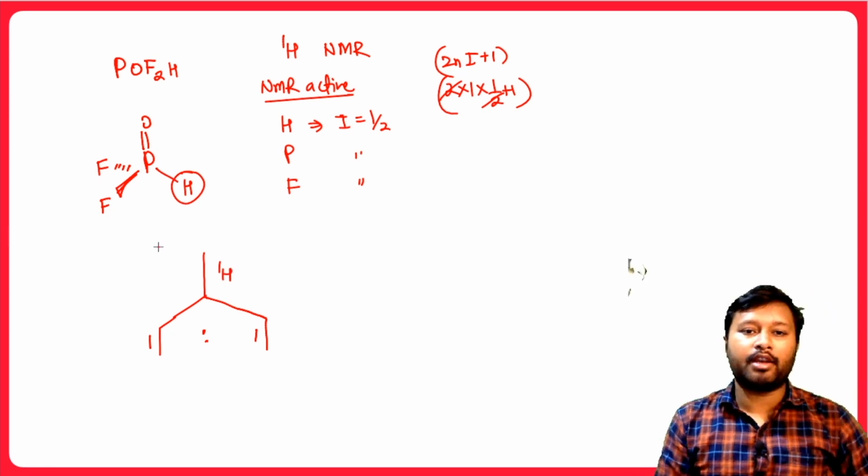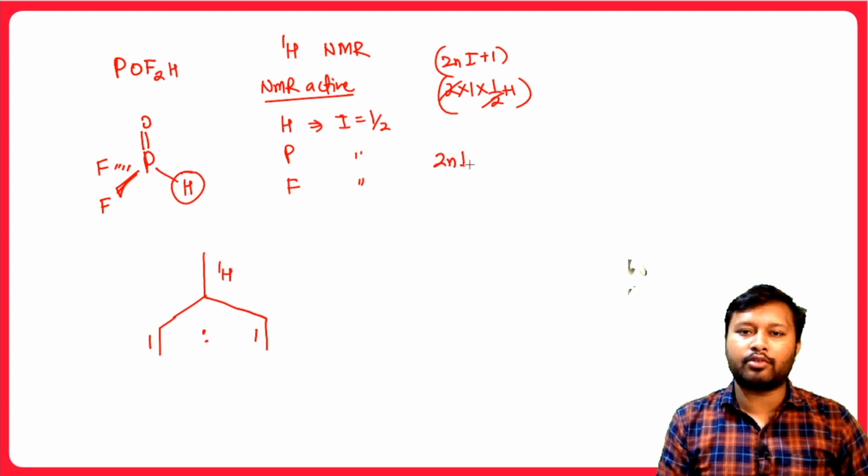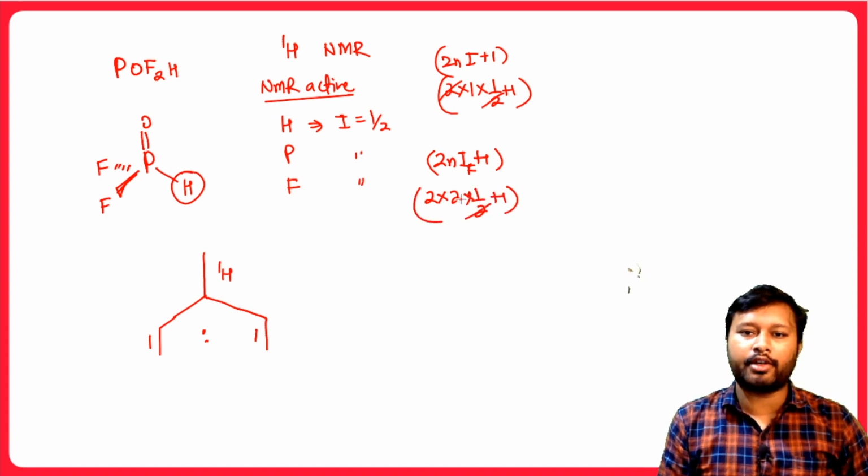The next thing which will happen is fluorine is going to split it up. In how many lines is fluorine going to split it? 2nI plus 1. Now we are putting the I values of F. There are 2 fluorines, I value is half, and plus 1. If you solve it, you'll get 3 lines or 3 peaks into which it is going to split. So these are going to split up into 3 lines.